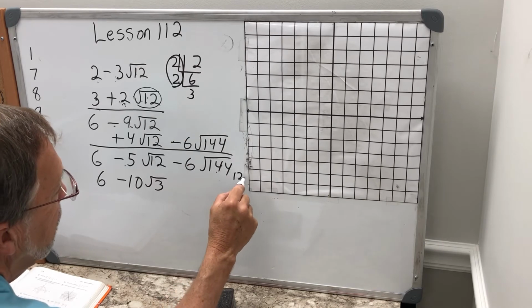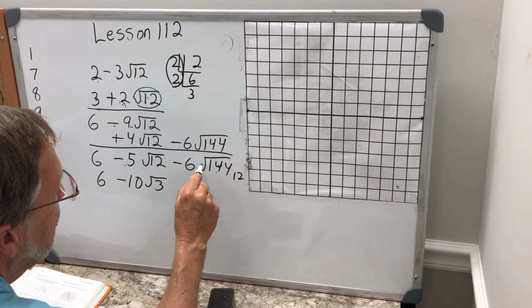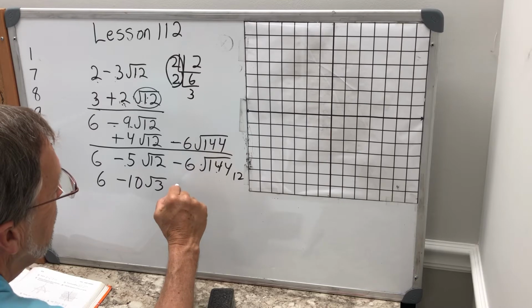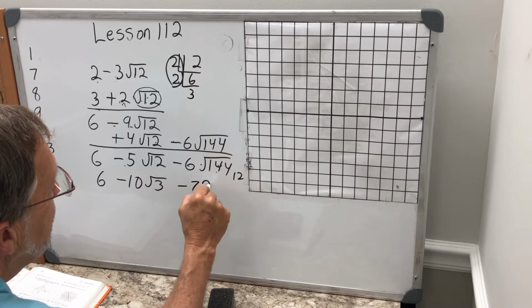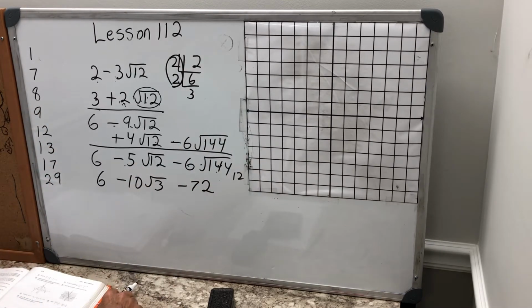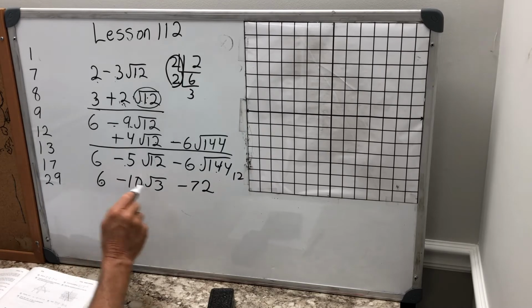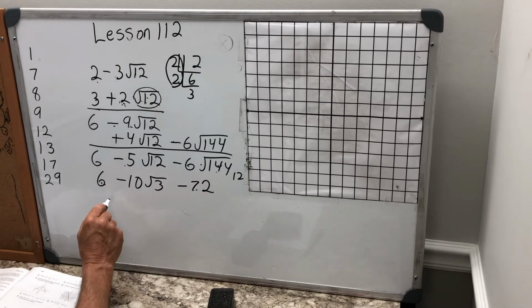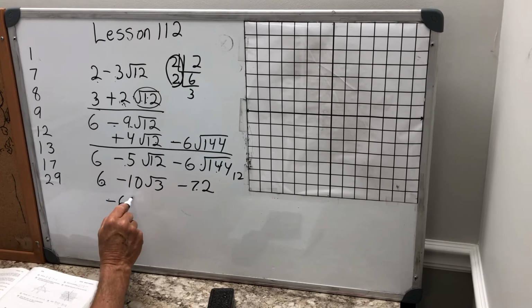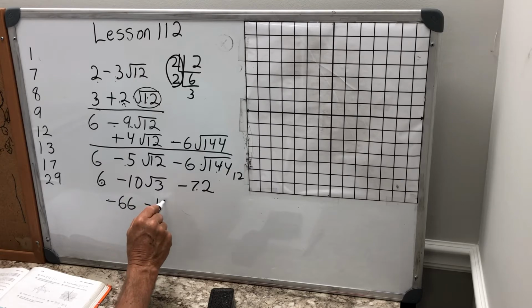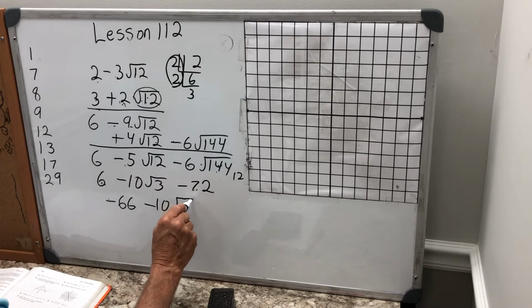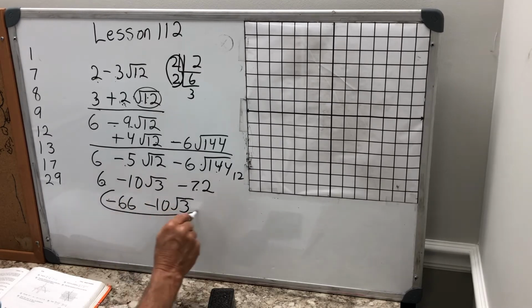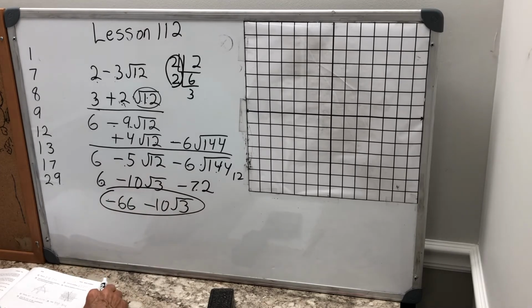So we take 12 times negative 6, which is a negative 72. Now are we finished? Not quite. We still have two whole numbers. Combine these two together, and that is going to be negative 66. And this is as simple as it can get, negative 10 to the square root of 3. Finally, we have our answer.